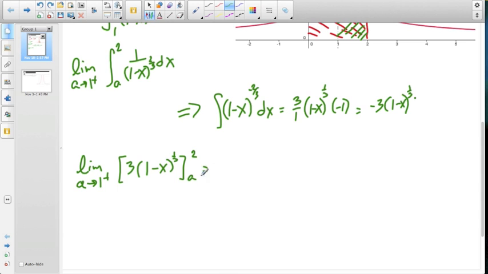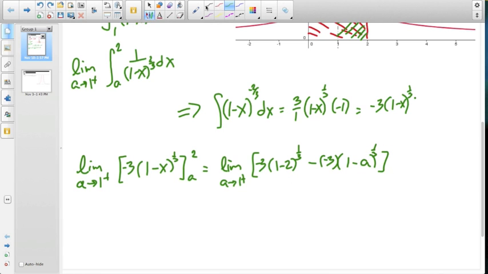As we plug in the upper and the lower limits, we're talking about the limit as A approaches 1 from the right of negative 3 times 1 minus 2 to the 1/3. Oops, I dropped my negative sign there. That was my mistake. Minus negative 3 times 1 minus A to the 1/3.